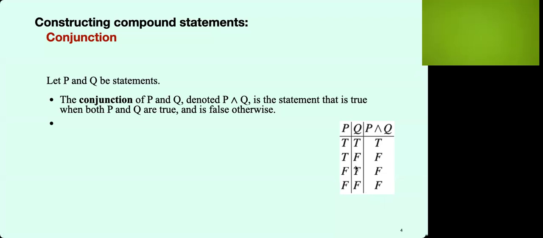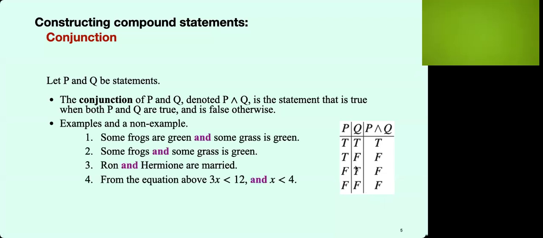So let's look at an example. All right, so here's some examples and a non-example. All right, so some frogs are green and some grass is green. The two component pieces of this conjunction are some frogs are green, that's the P, and some grass is green, that's the Q. I'm pretty sure I've seen green frogs before, so I think that some frogs are green is true.